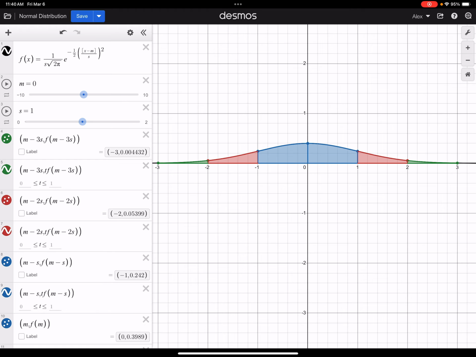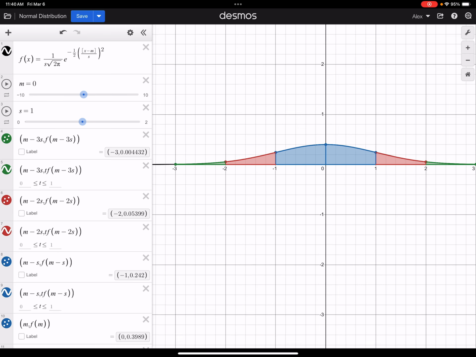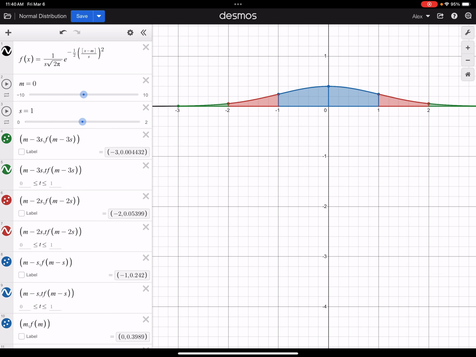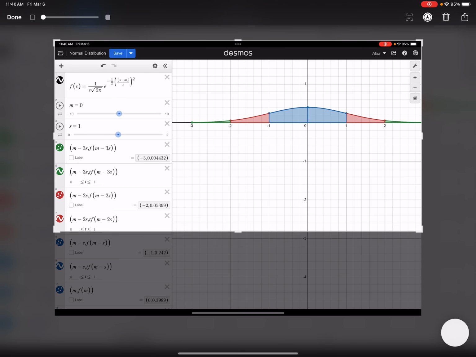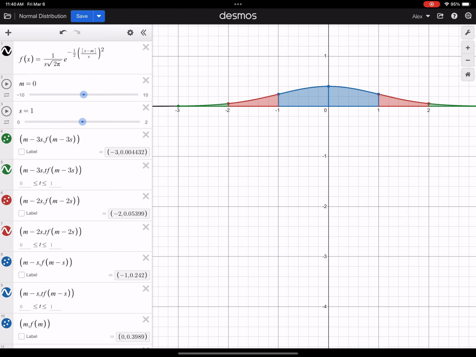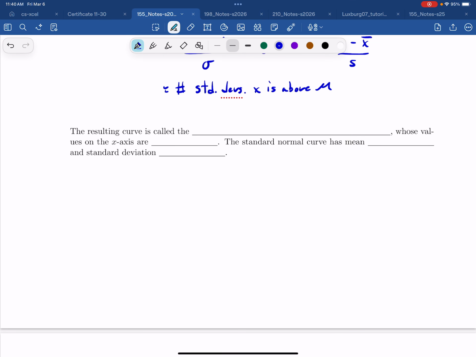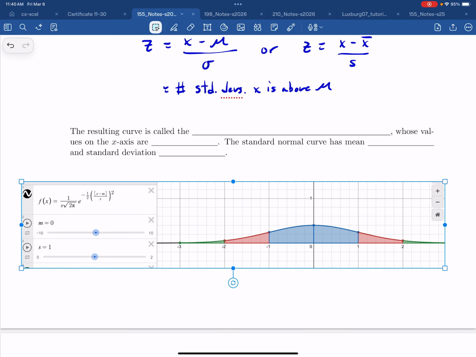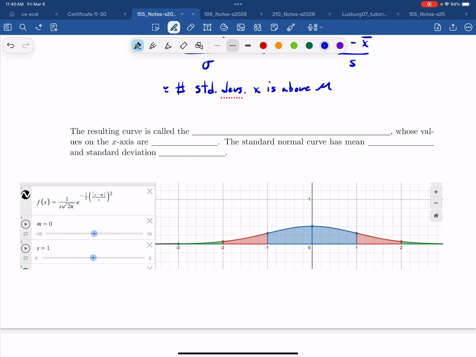And so we have this thing called the standard normal curve. There we go. That guy right there.